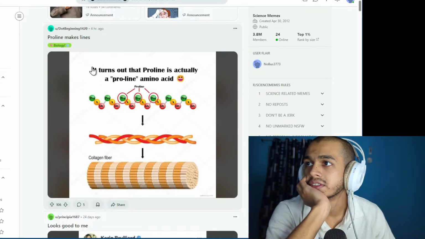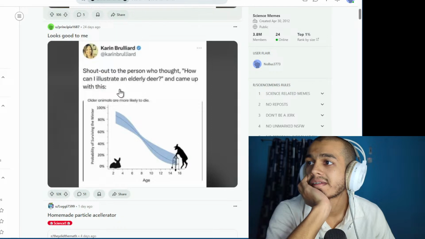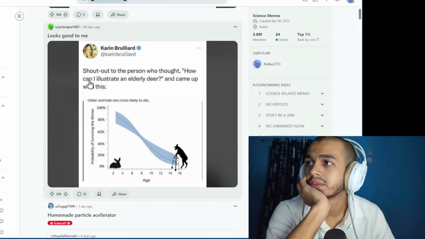Proline makes lines. It turns out that proline is actually an amino acid. Looks good to me. Shout out to the person who thought, how can I illustrate an elderly deer, and came up with this.